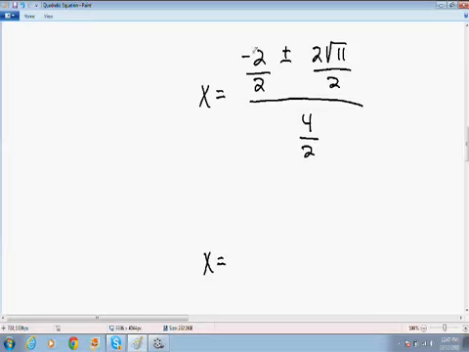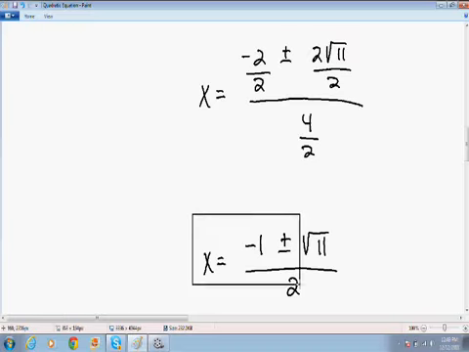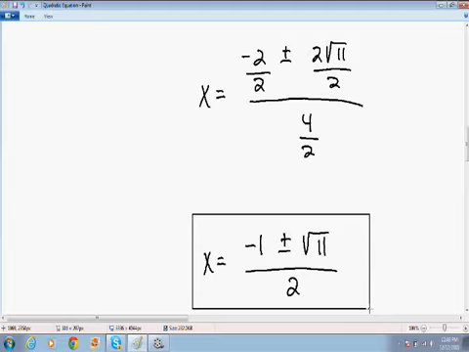Negative 2 divided by 2 is just negative 1. Plus or minus 2 square root of 11 divided by 2. The 2's cancel out, so that just becomes the square root of 11. All divided by 4 over 2, and 4 divided by 2 is just 2. Now this equation cannot be simplified anymore. We have simplified it as much as possible, so this is our final answer.